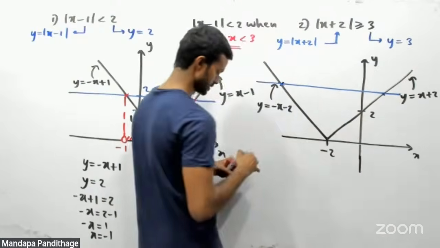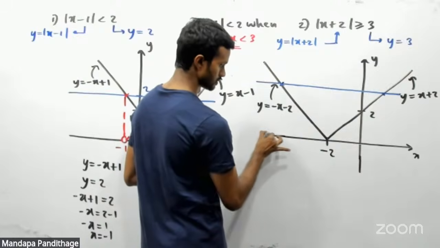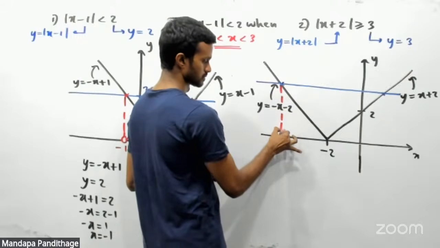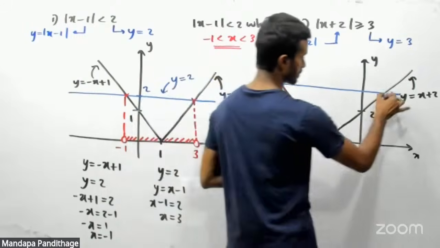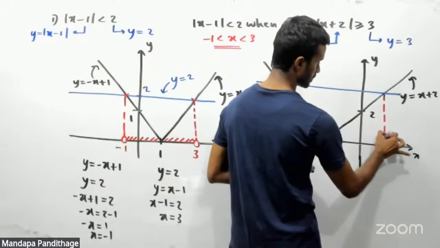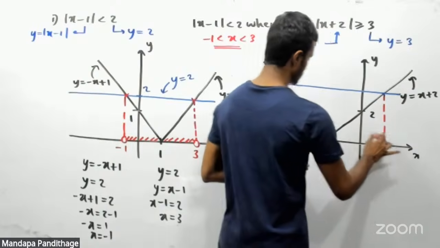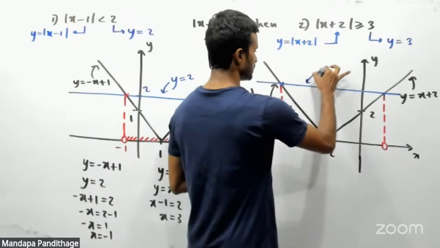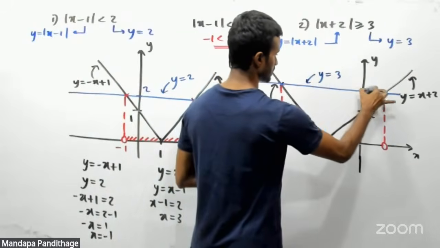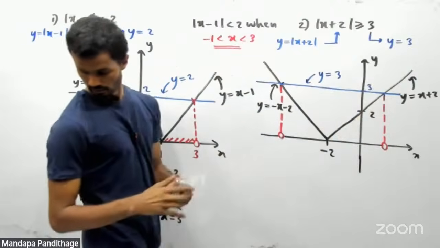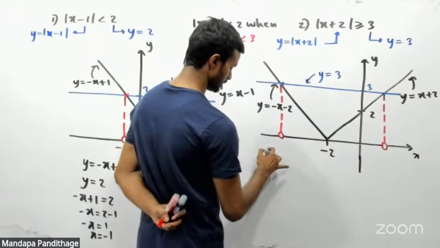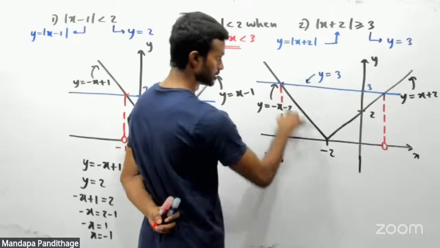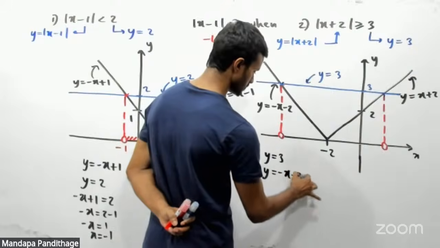Find these points of intersection. How to find them? Solve these two equations simultaneously. We have y equals 3 and y equals minus x minus 2.